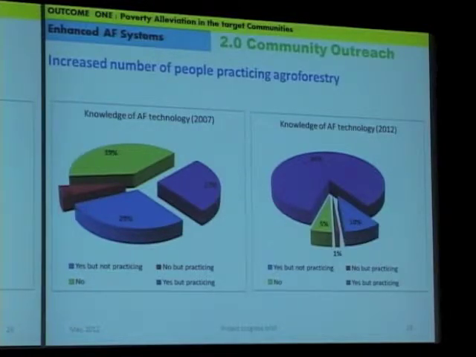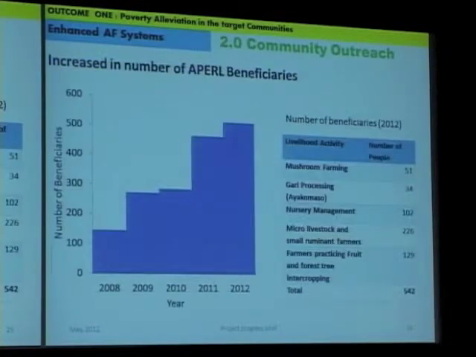There's been tremendous improvement in terms of people who had knowledge before, and now you see that it has increased. Those who said yes, and are practicing, it has increased to a large percentage. Of course, those who said no, but practicing, if you look at it, it has decreased at 2012. Just 1% of them left.